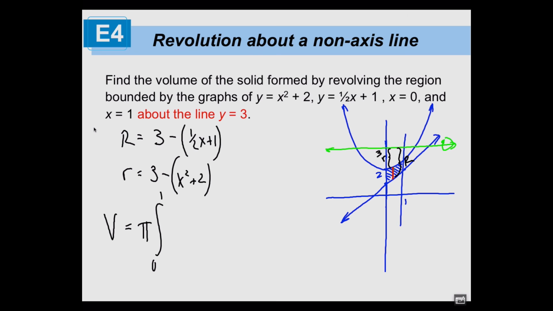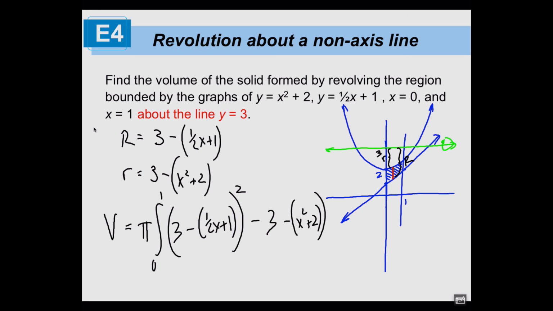R squared, so this mess squared dx, minus this mess squared, and all of that with a dx stuck on the end of it. Woohoo! Isn't that fun?